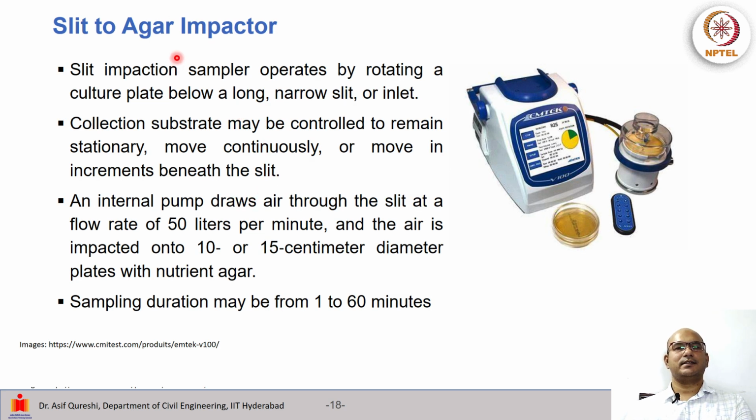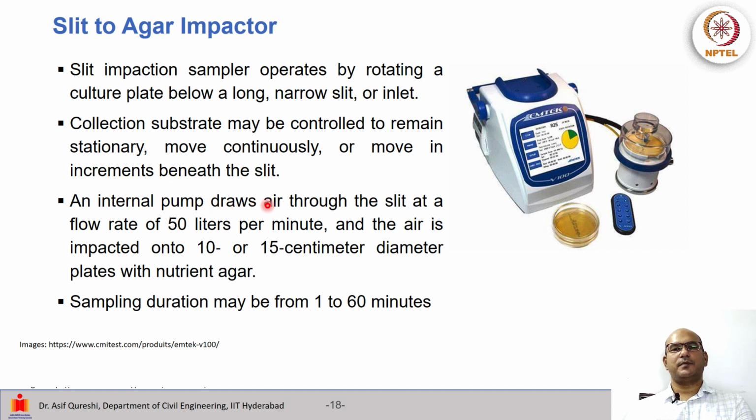The next thing is the slit to agar impactor. The slit impaction sampler operates by rotating a culture plate below a long narrow slit or inlet. Here the collection substrate may be controlled to remain stationary, move continuously, or move in increments beneath the slit.